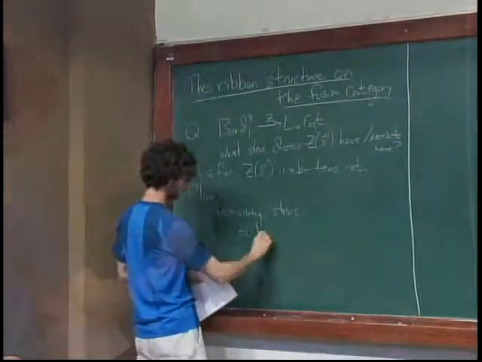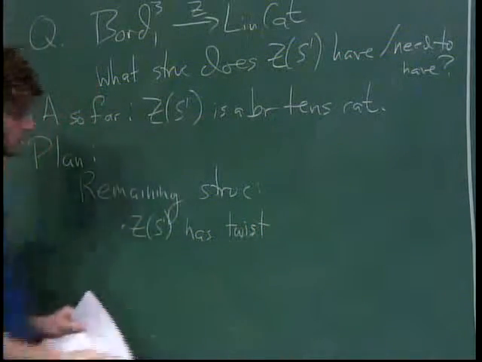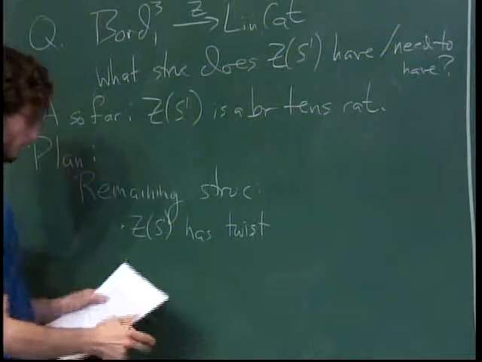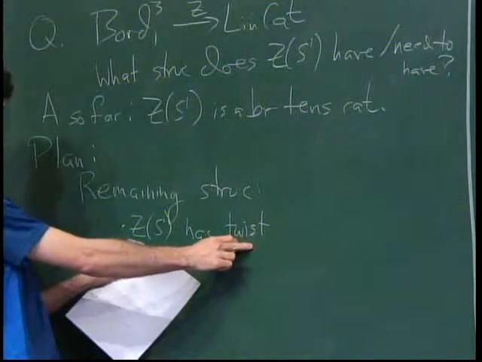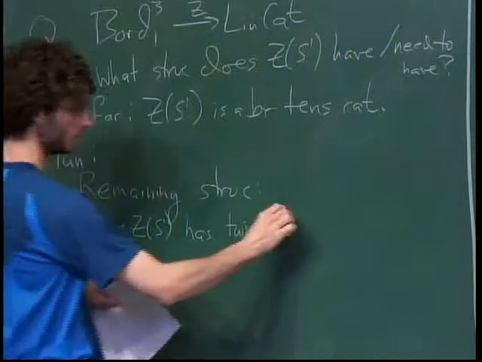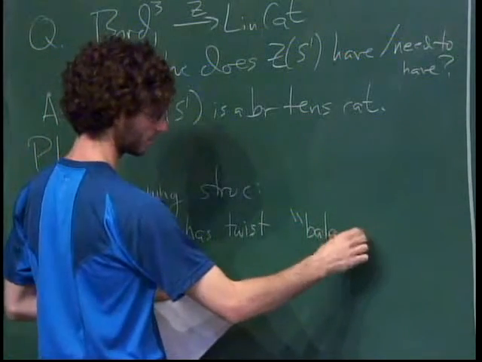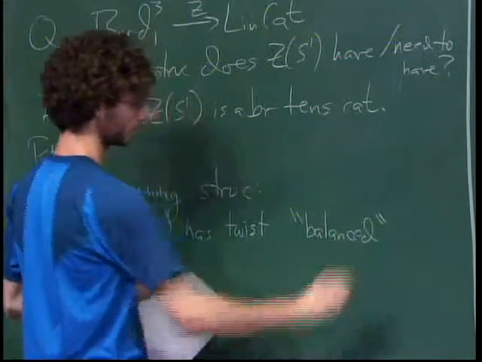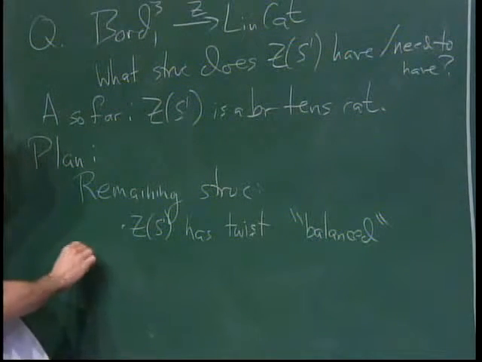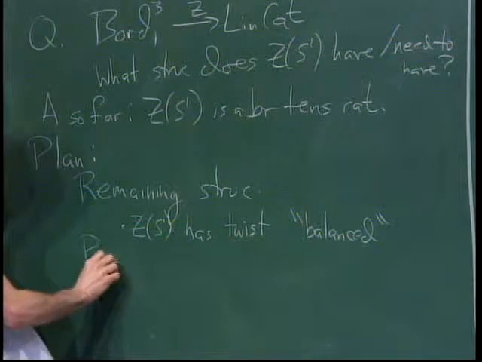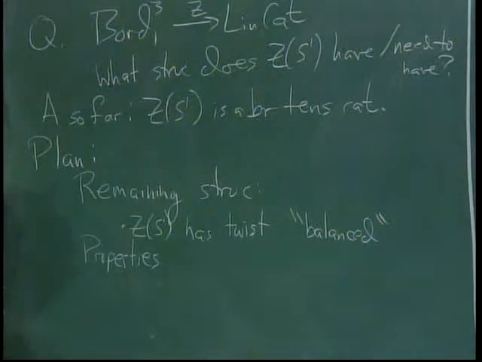So Z of S1 has what's called a twist, and there's a condition on the twist, which is sometimes referred to as it being compatible with the braiding, or as giving a balanced twist or a balanced category. That's going to be all the structure, and then we're going to look for properties of this braided tensor category with a twist.